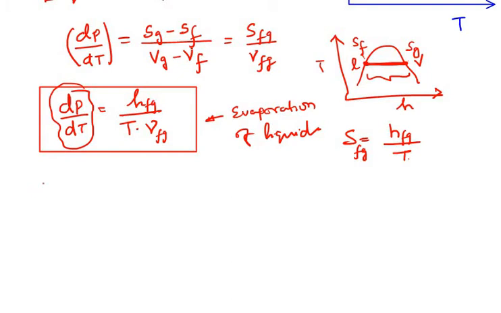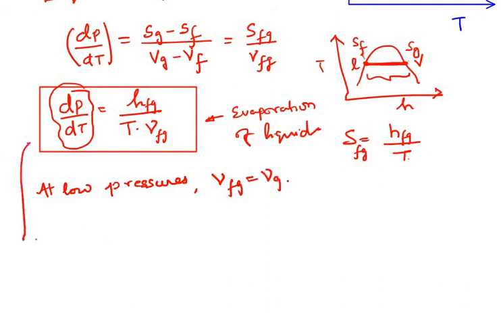At low pressure, Vfg is equal to Vg. Therefore, dP/dT becomes hfg divided by T times Vg.